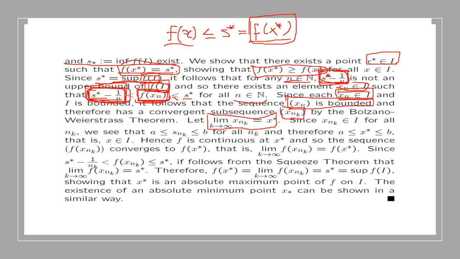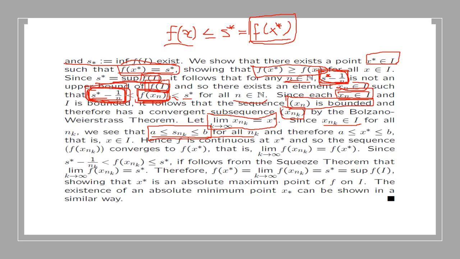Now, since xnk is a subsequence of xn, and xn belongs to I, then xnk also belongs to I, and therefore each xnk lies between A and B, since each xn lies between A and B. So this is true for all nk.